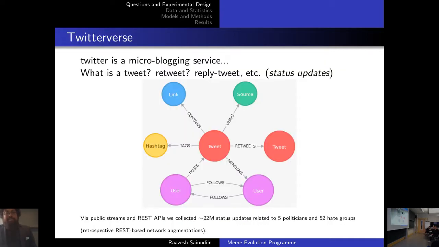So we collected about 22 million status updates. That's all communication events in Twitter, which is Twitter's own terminology. Status updates related to 5 politicians and 52 hate groups. Our experimental design is a combination of what we call retrospective REST-based data augmentation and standard public streams.